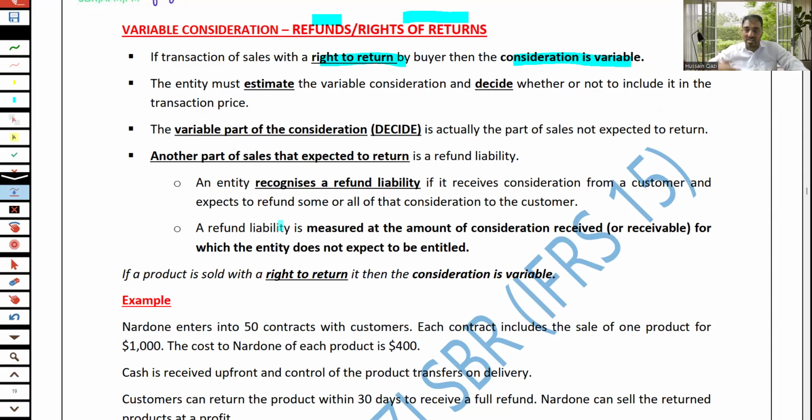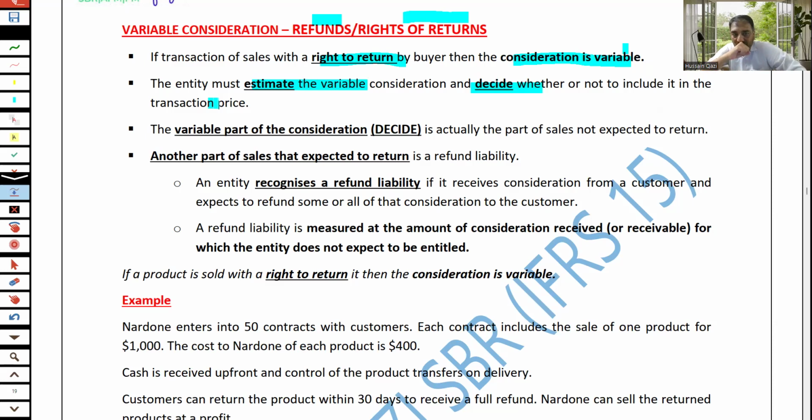That means the contract includes variable consideration. So then the point is to estimate the variable consideration and decide whether or not to include it in the transaction price. So first, accept this reality that if the contract for the supply of goods as well as the seller provides rights of return to the buyer, this means the contract includes variable consideration. And here we need to decide and estimate about the variability matters.